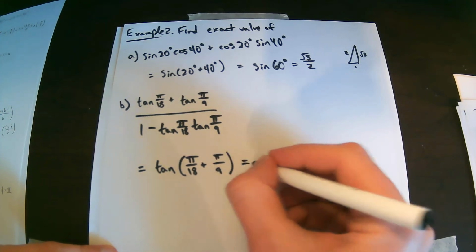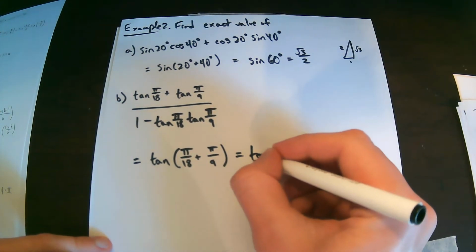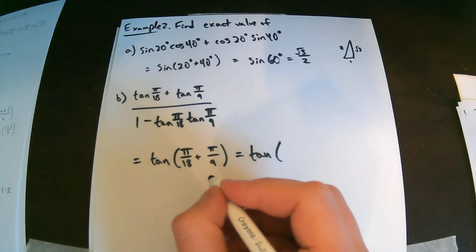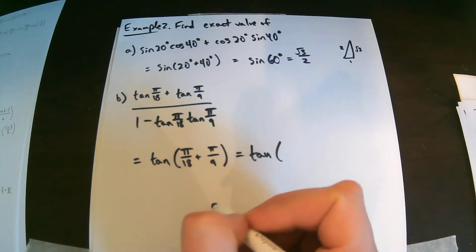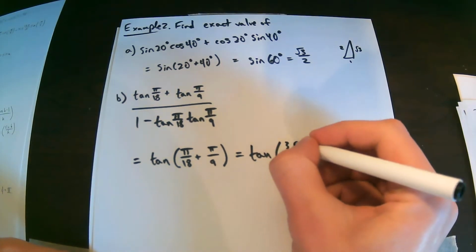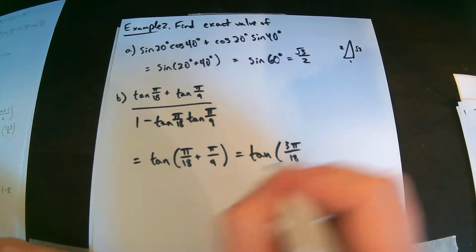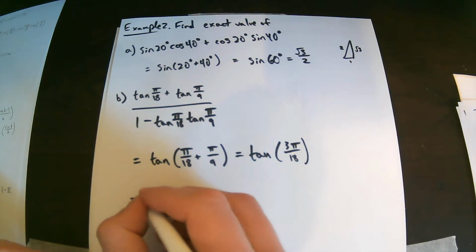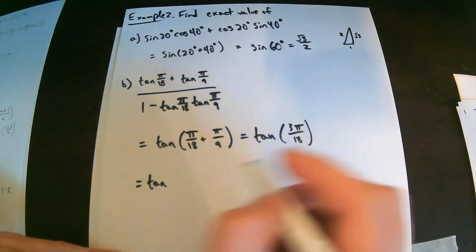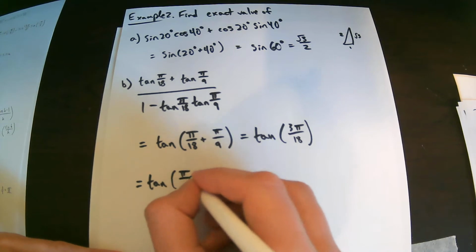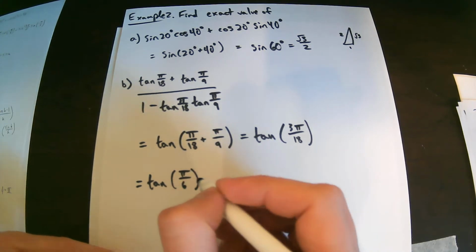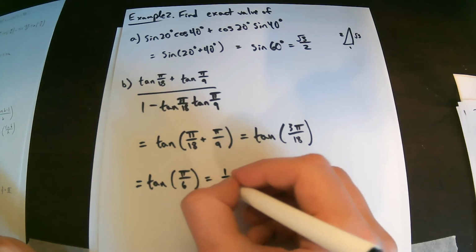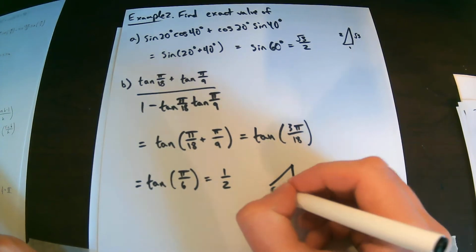And this is equal to tangent of, getting a common denominator of 18, this would be 2 over 18. So we're getting 1 over 18 plus 2 over 18, which is 3 pi over 18. But that simplifies to pi on 6, and tangent of pi on 6 is, let me make my little triangle.